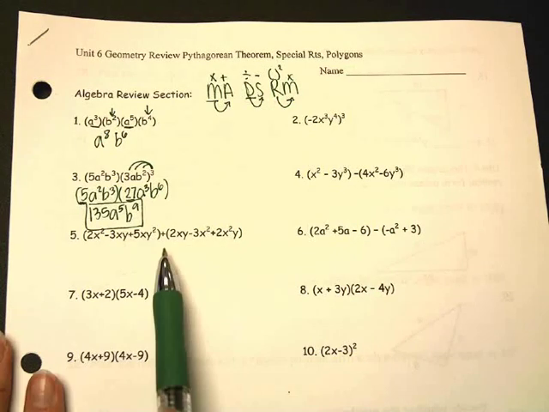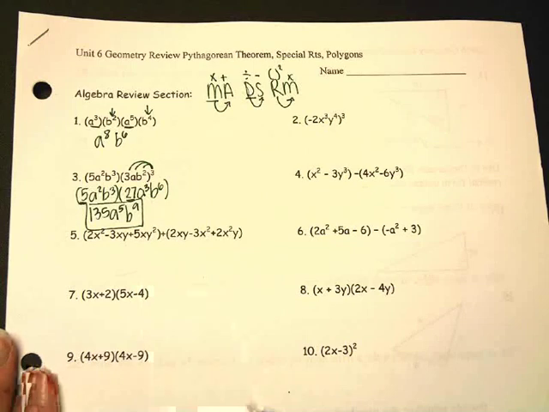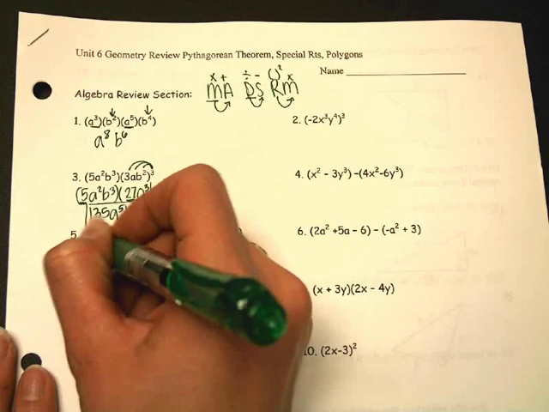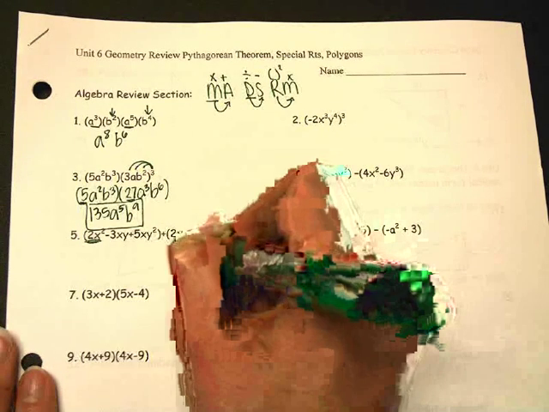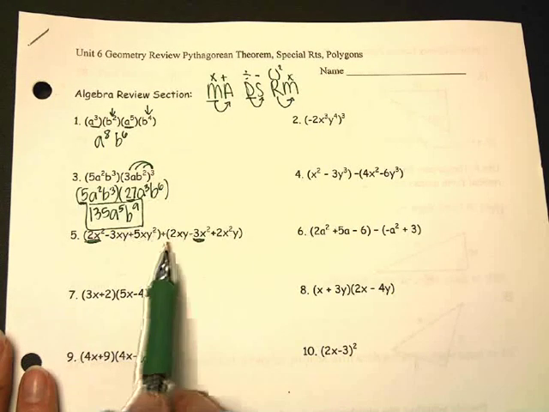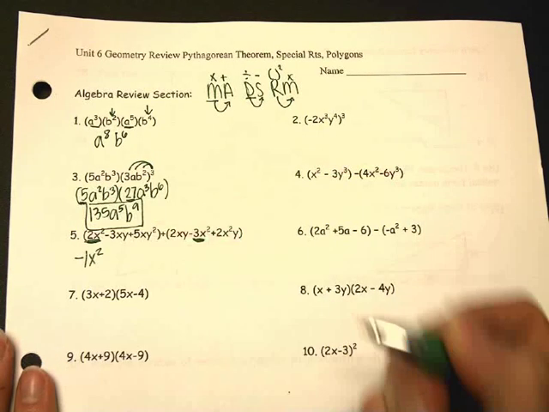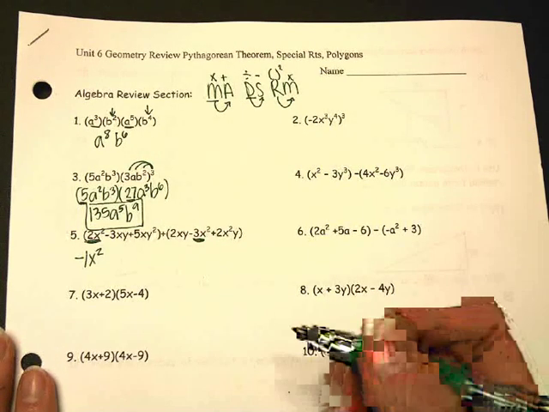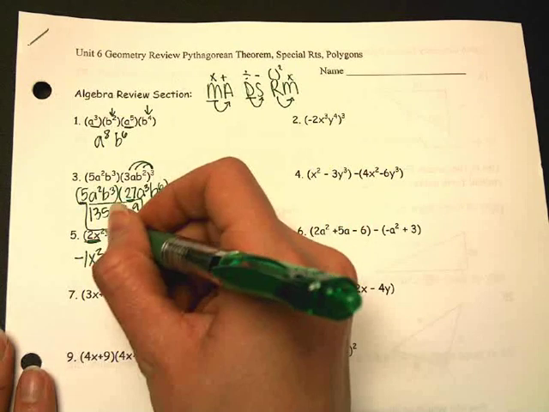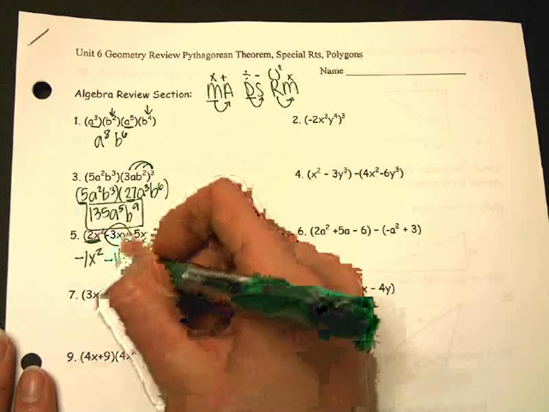Next, we are adding. And when you're adding, you just do everything like normal, just combining like terms. So I'm going to start with my x squareds, and I'm going to add them. 2x squared plus a negative 3x squared is negative 1x squared. Then I'm going to do the xy's. So negative 3xy plus 2xy is negative 1xy.